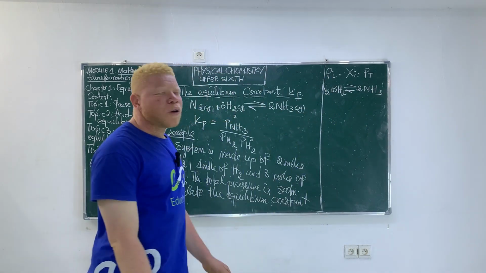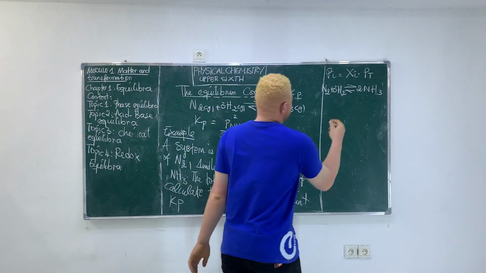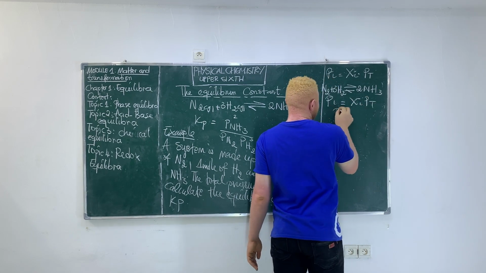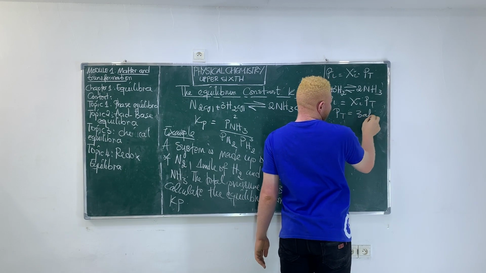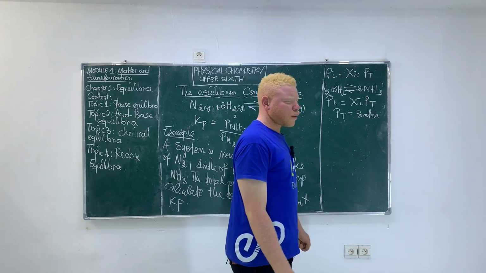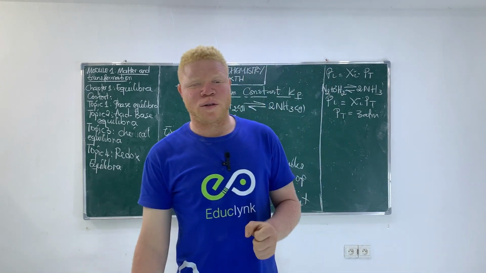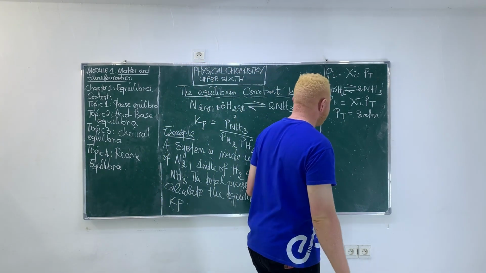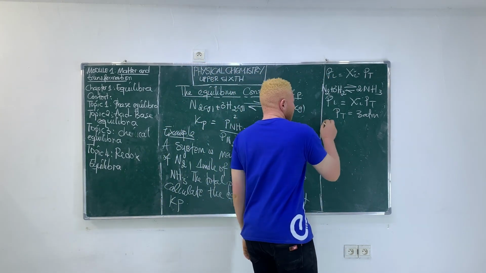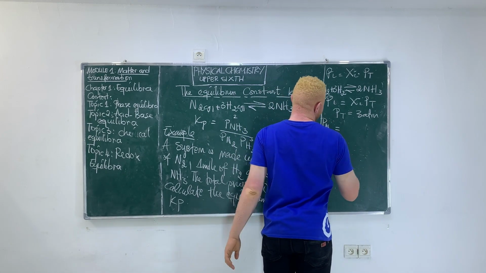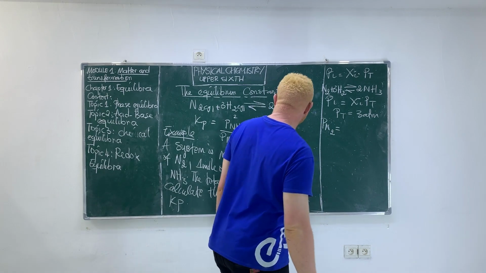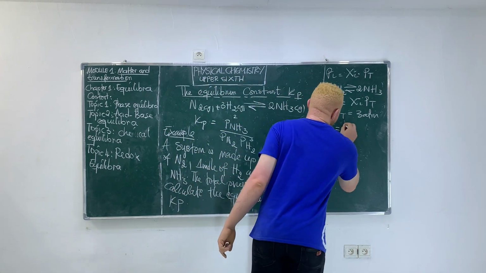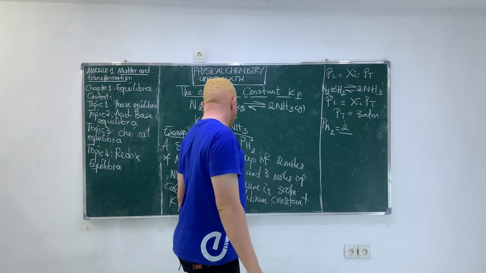So we know from the general equation the partial pressure of i is Xi times P total. P total in this case is 3 atmospheres. So our main aim here is to determine the partial pressure of N2, H2, and NH3. So partial pressure of N2 is the mole fraction of N2 in the system, which is 2 divided by the total number of moles.